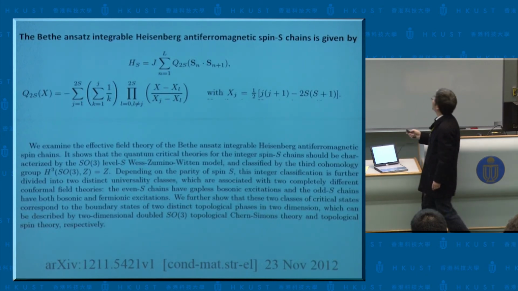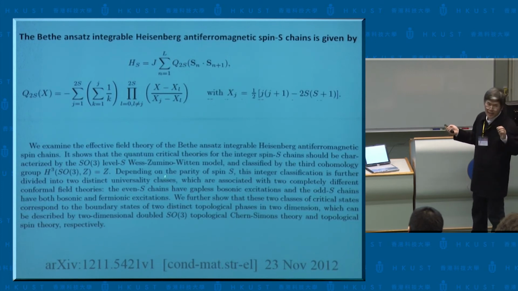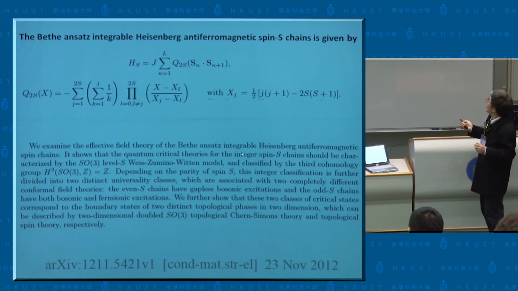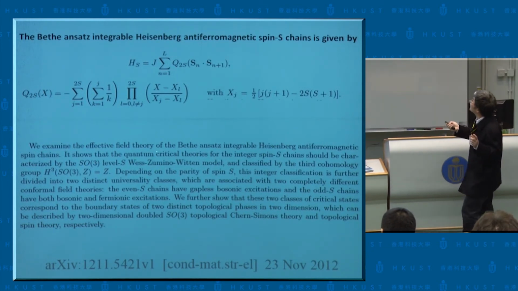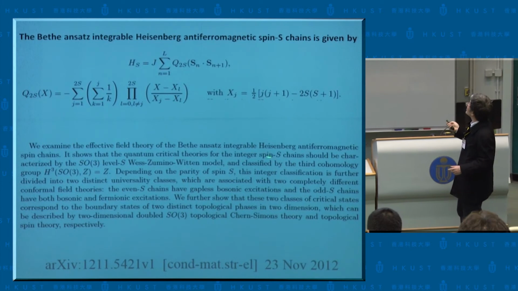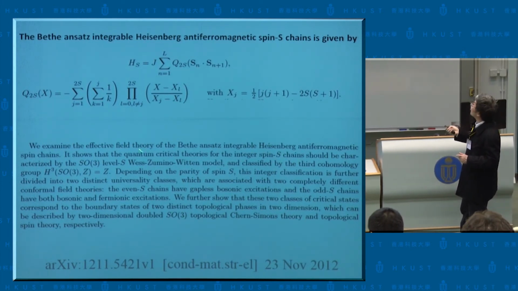So we found that we can decode the topological information from the effective field theory, because we noticed that for the general integer spin S chain, where S is an integer, the quantum critical theory is characterized by the SO(3) level S Wess-Zumino-Witten models.